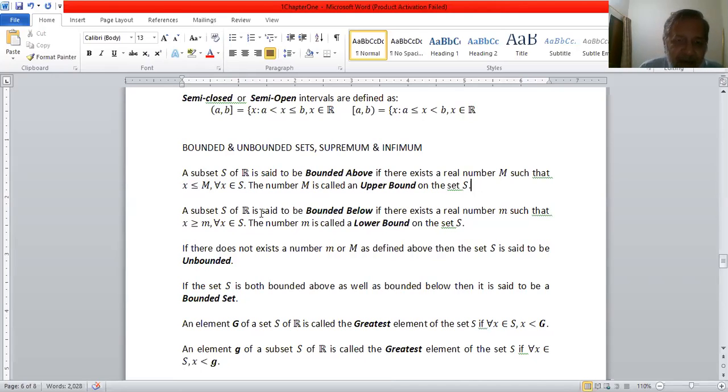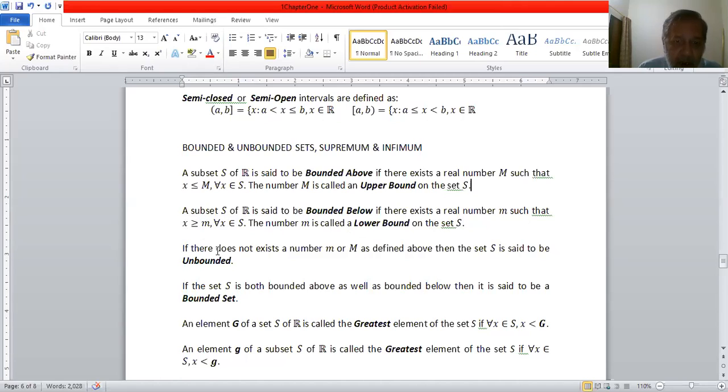Similarly, we say that subset S is bounded below if you can find a number m such that every element of the set is greater than or equal to this small m, and in that case this small m is called lower bound of the set S. So lower bound of the set can be the smallest element of the set or any number less than that.